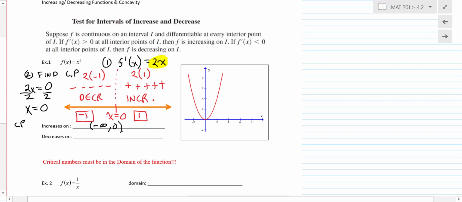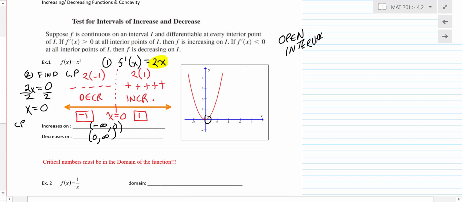And we always use an open interval on that. That's kind of an important thing. The definition of increasing and decreasing means you got to use an open interval, because when you get to 0, you're not increasing or decreasing. That's kind of neutral. That's where the derivative is 0. Okay? And then increasing, we would say 0 to infinity, and then that would be the end of the problem.